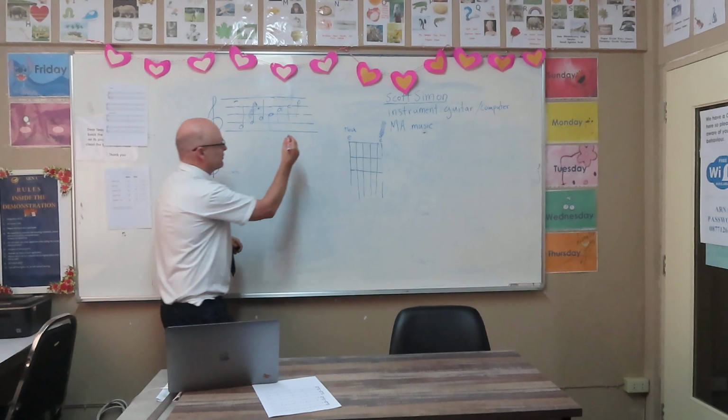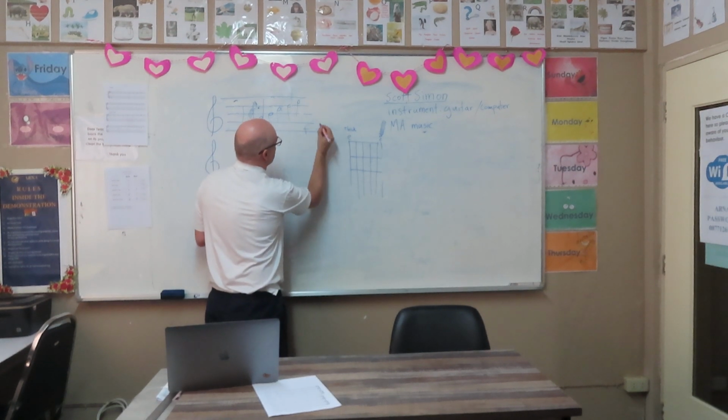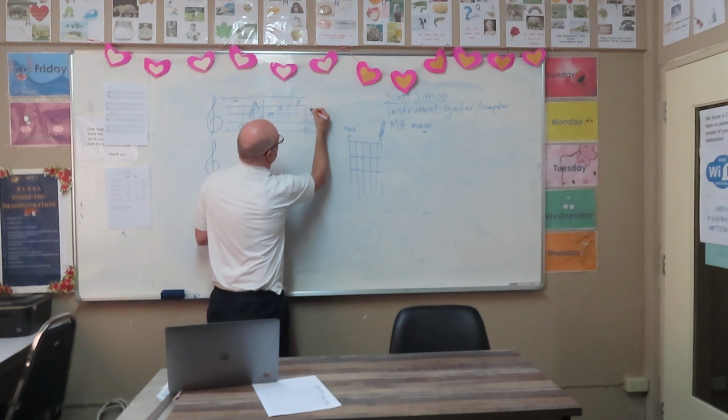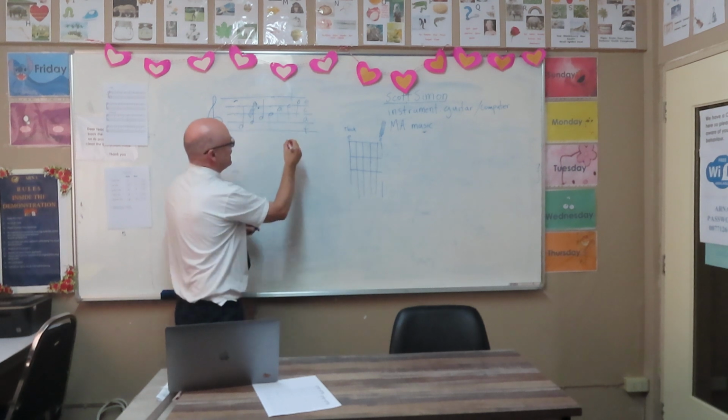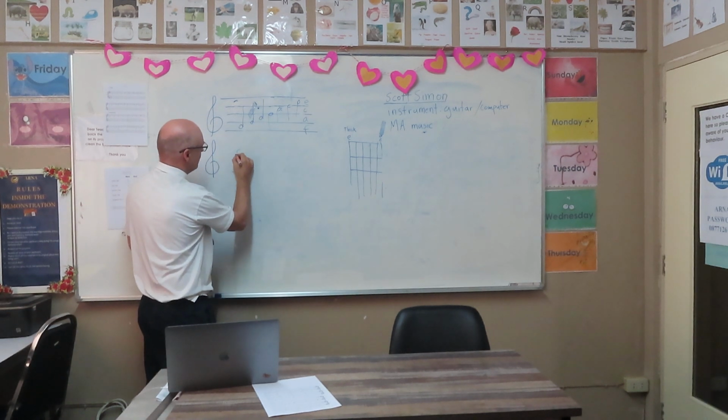So for students to start with, we just learn between the gaps here, we have F, A, C, E, which spells face, of course, which is easy to remember.